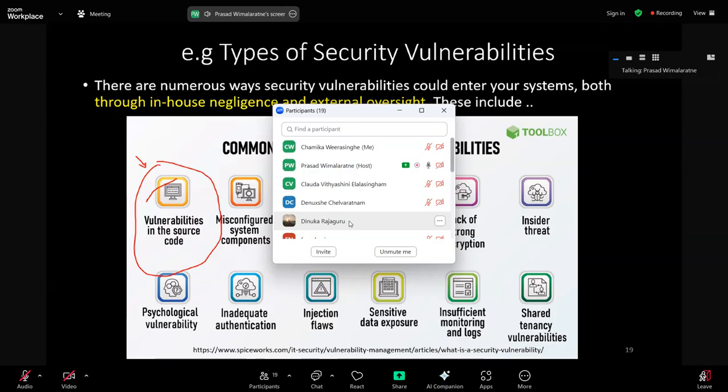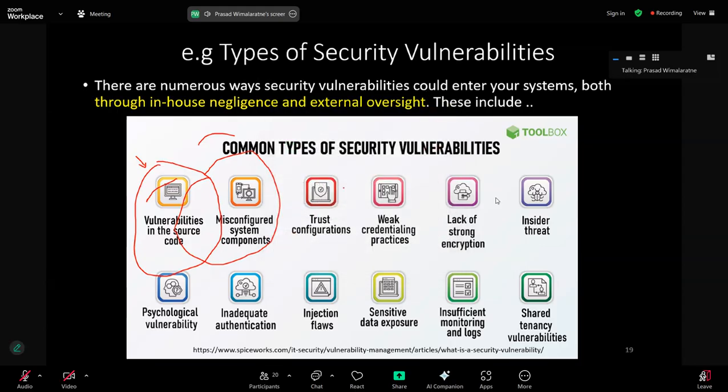So vulnerabilities can, of course, creep in through the source code, and it may be due to a misconfigured system. Like I said earlier, you may build a good, secure piece of software, but if it's sitting on an insecure server, then the software is exposed, right? So misconfigured system components can lead to issues, and trust configurations can similarly open up vulnerabilities.